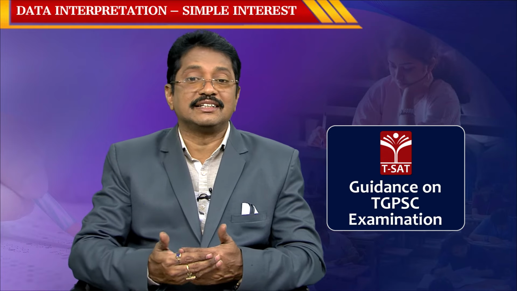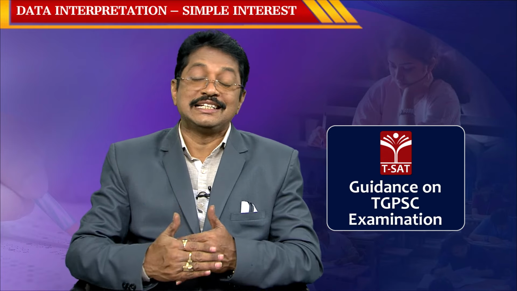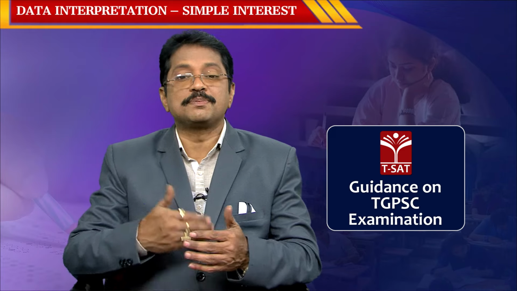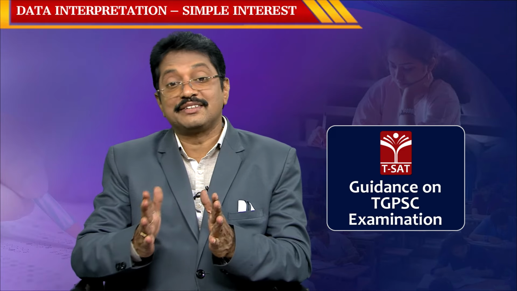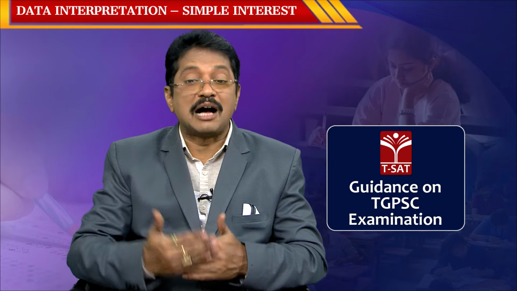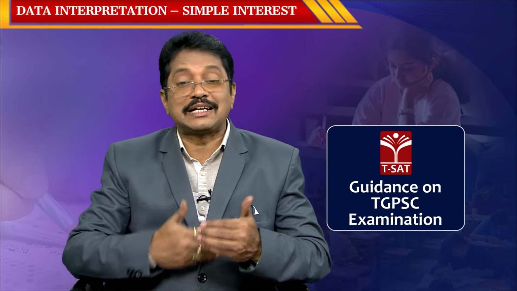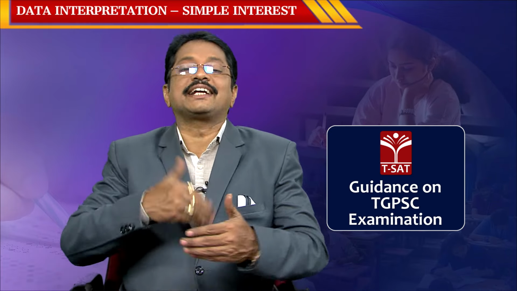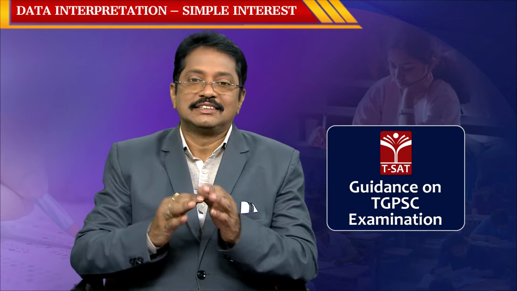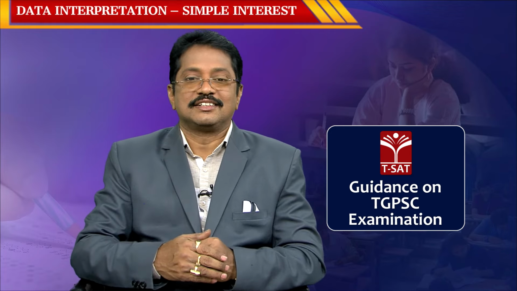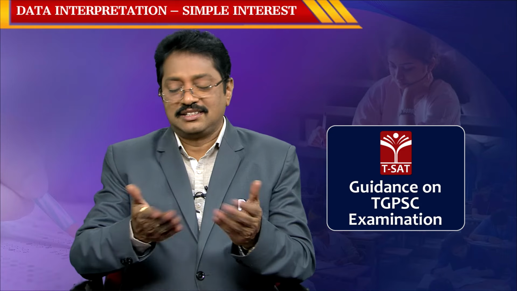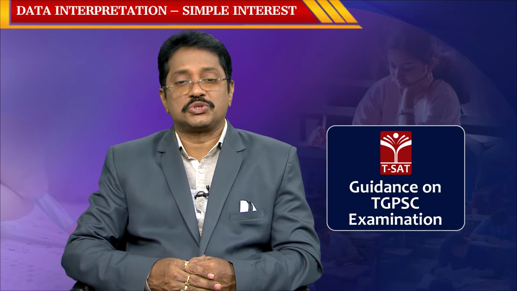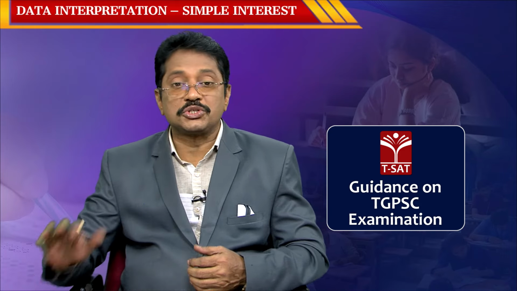For the second year, including interest, the principal amount becomes the new principal. Do you understand the difference here? In compound interest, we calculate interest on interest. Interest on interest, that is compound. After understanding this, it is easy to do the questions. Okay, we will see the questions now.